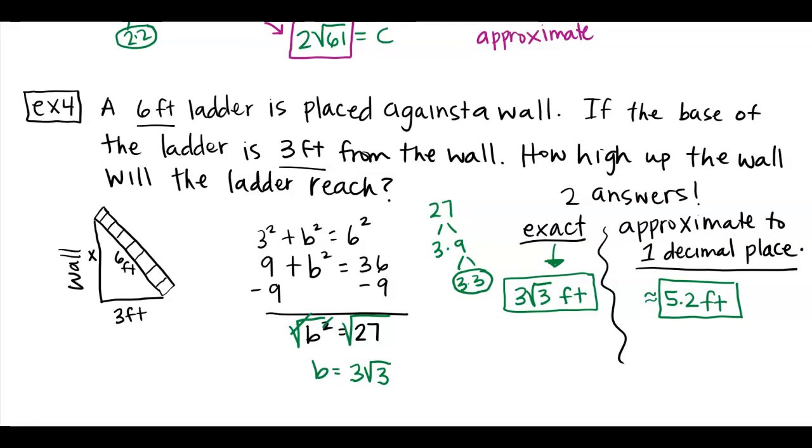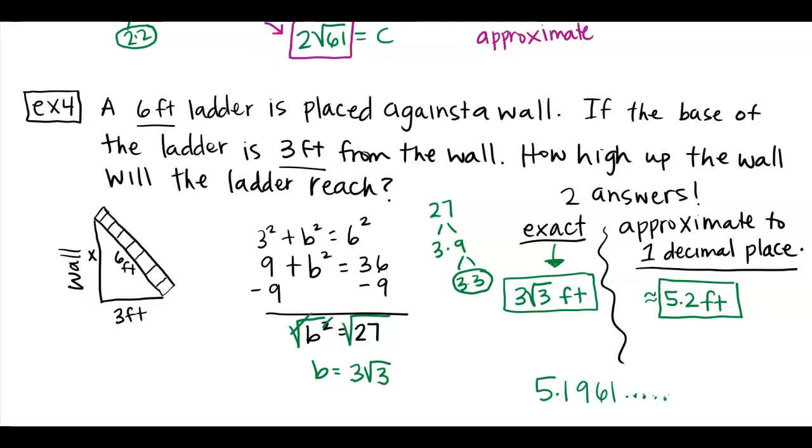Okay. And remember that it's not exact unless it's in that radical form, right? So even though when you put it in your calculator you'll see 5.1961 and so on, this is not exact because it keeps going and going forever.